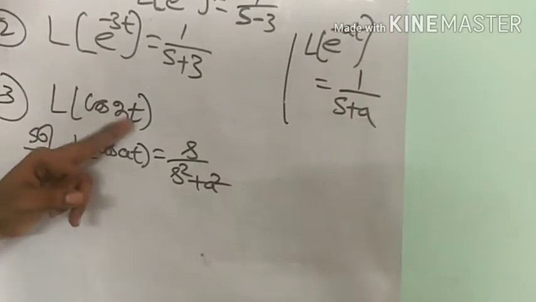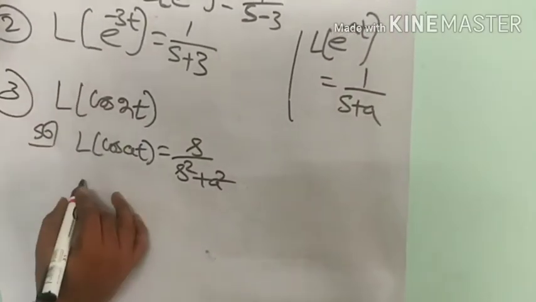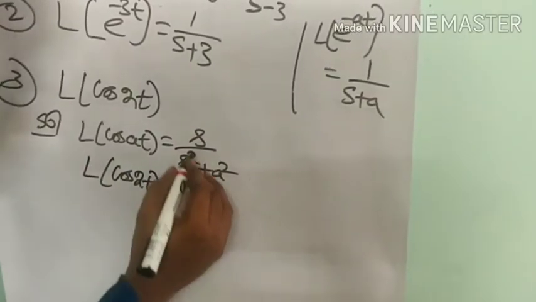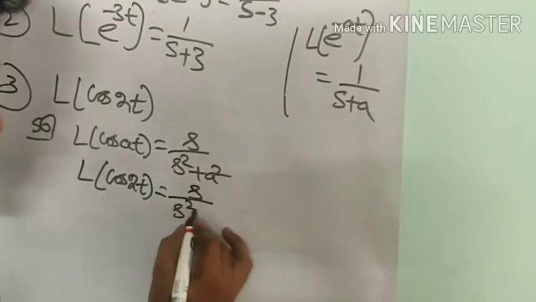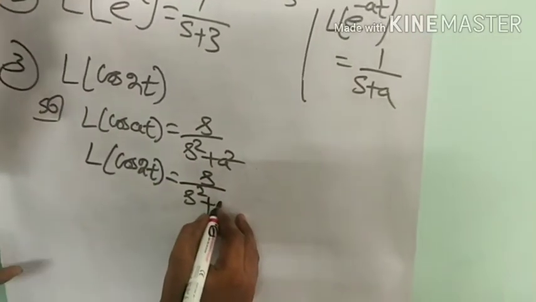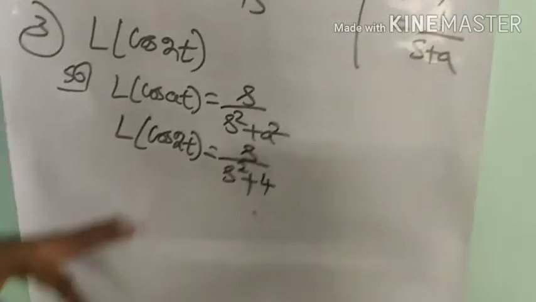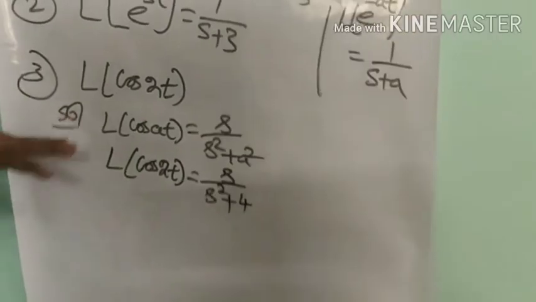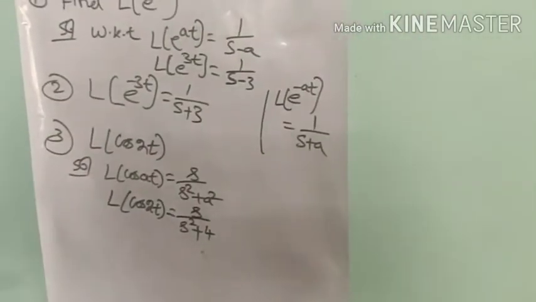This is cos at, no, a is nothing but 2. So Laplace of cos 2t is nothing but s by s square plus a square, a is 2, that is 2 square, which is 4. Directly we can write. So these are the problems. If you take the last 7 years' question papers, surely these two marks problems are there.